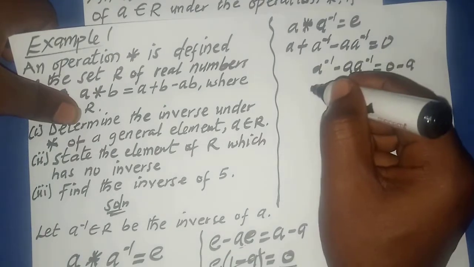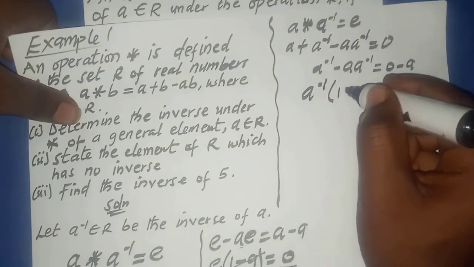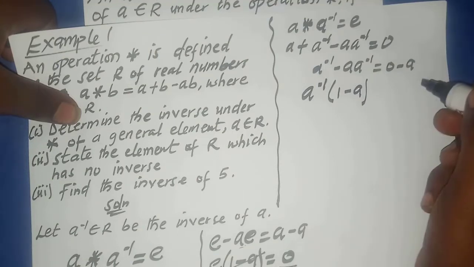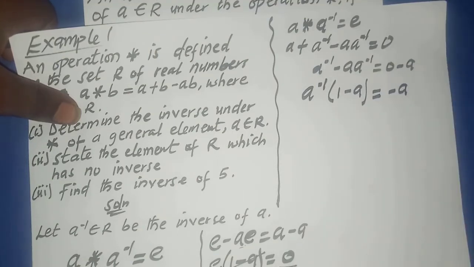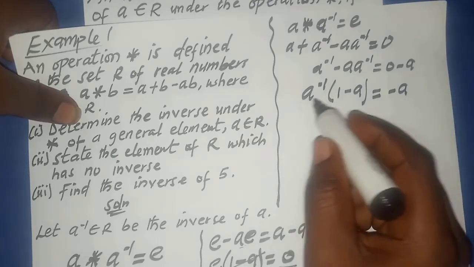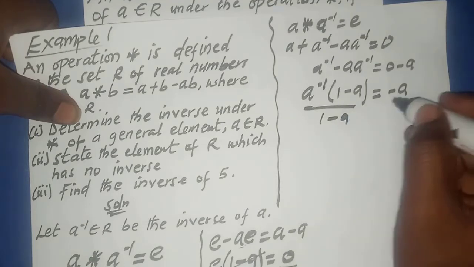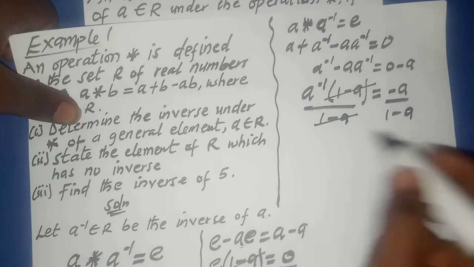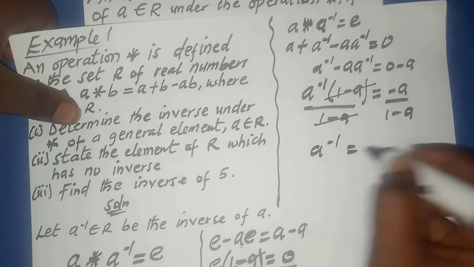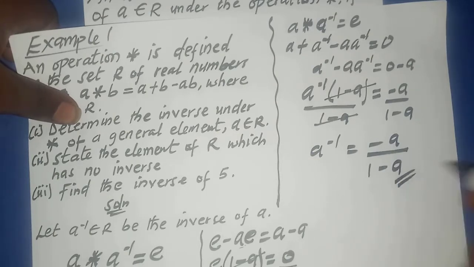So you factor it out and are left with 1 in the first term minus A in the second term, equal to 0 minus A, which is negative A. Now you divide through by 1 minus A, for which this will cancel this. Then the A inverse is equal to negative A over 1 minus A.